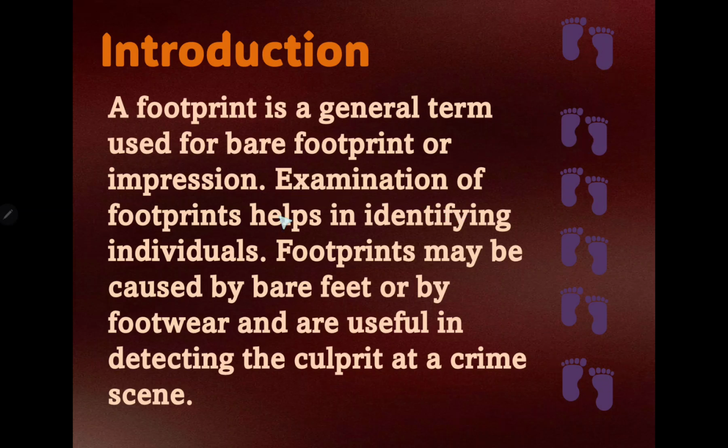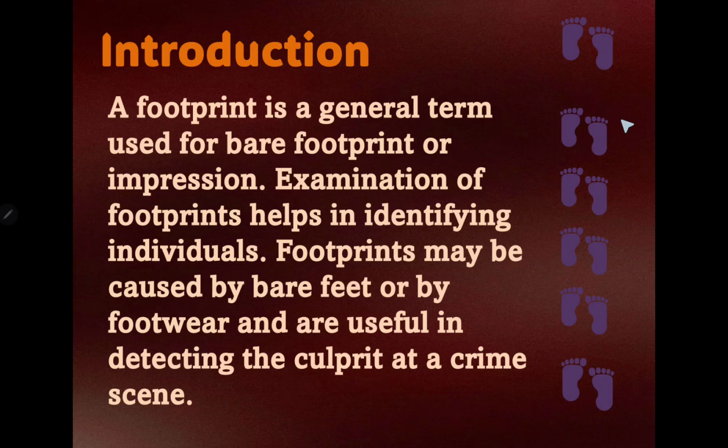Examination of footprints helps in identifying individuals because we can differentiate individuals based on footprints. There will be different characteristics, and it will be unique for every individual, like the size of the footprint, the shape of the footprint, the distance from one footprint to the next, and even the number of toes.